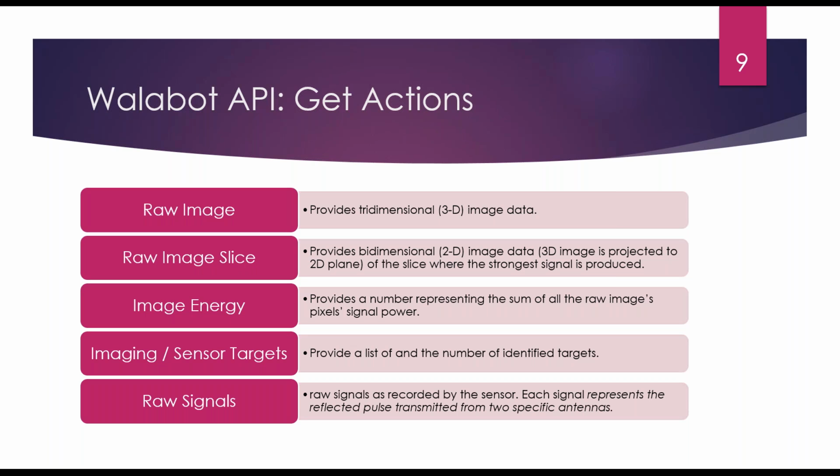You can use a function called get imaging targets, and you'll get the specific X, Y, Z, the specific Cartesian coordinates of the targets that you look at inside the wall. You'll see if it's a pipe or if it's something else. You'll see where it is in the wall, and you can use that information to present it or do whatever you like.